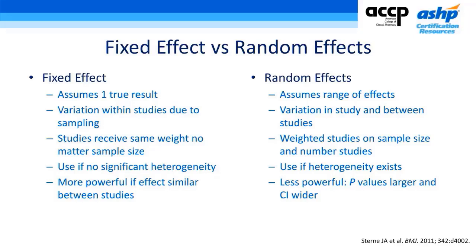You want to use this type of effect if you do not have significant heterogeneity, and it is more powerful if the effect is similar between the studies. Random effects model, on the other hand, assumes a range of effects, and it also assumes there's variation in the study and between studies. So therefore, you'll use the random effects if heterogeneity exists between the studies.